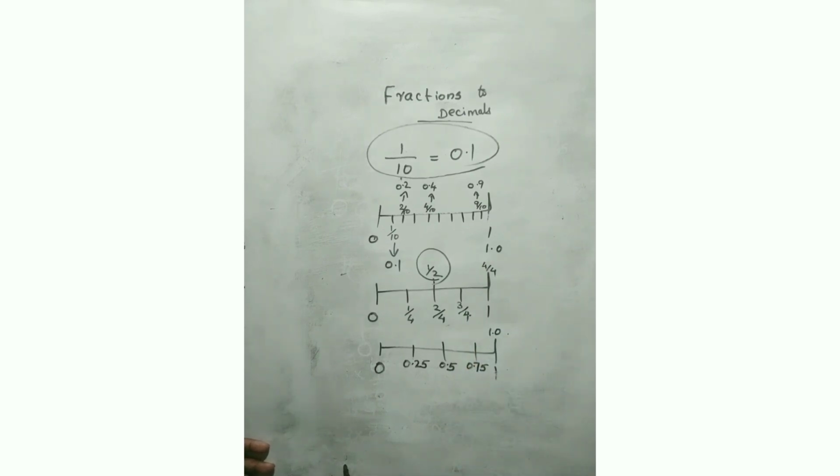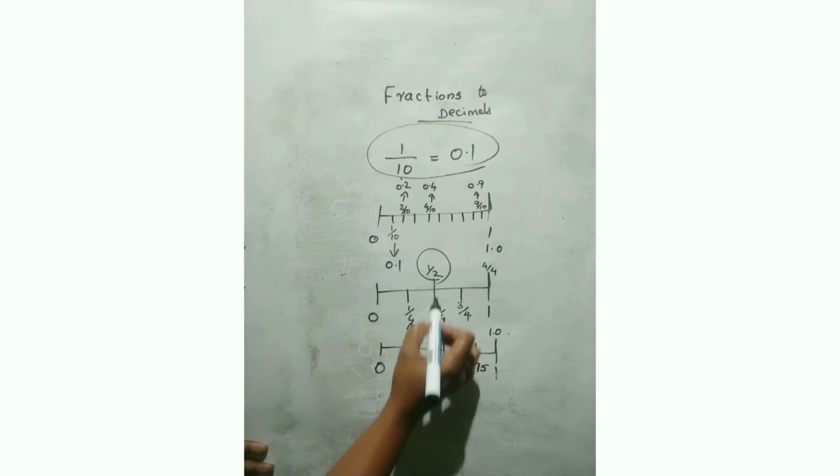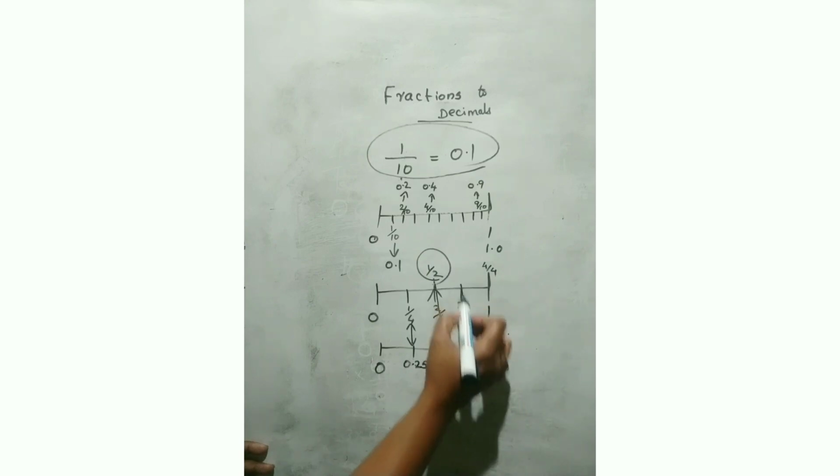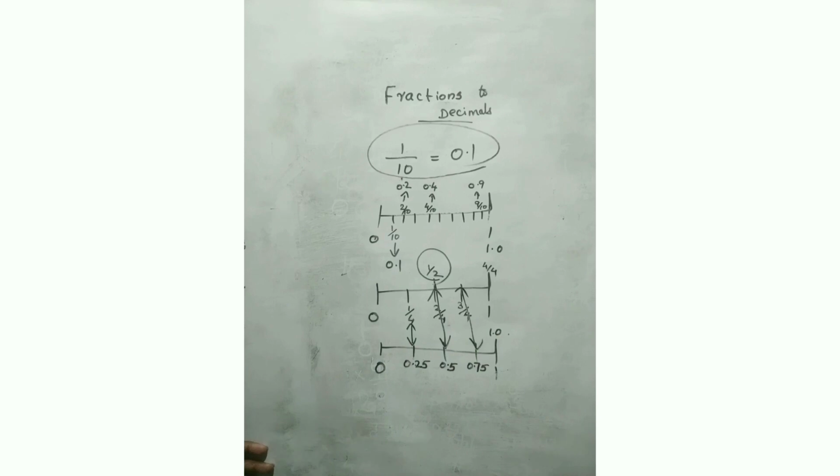Okay, then we know that this 0.25 is equal to 1 on 4, that is quarter. This 0.5 is equal to 2 on 4 or half. Then this 0.75 is equal to 3 upon 4 or 3 quarter.